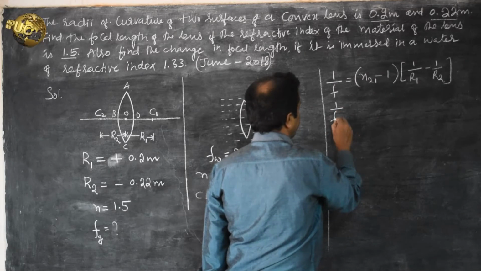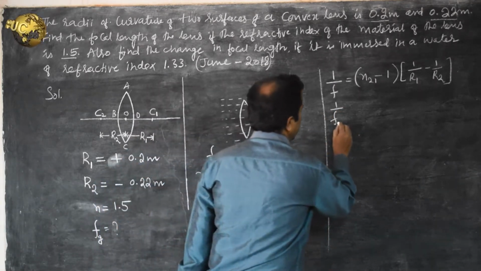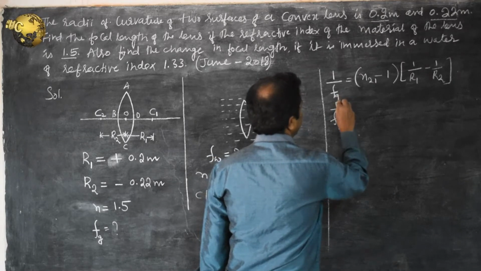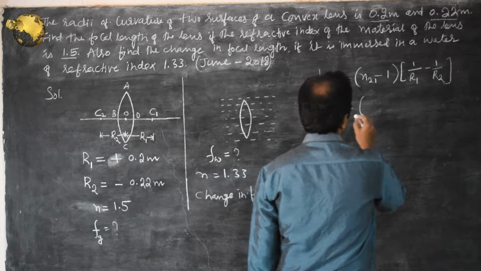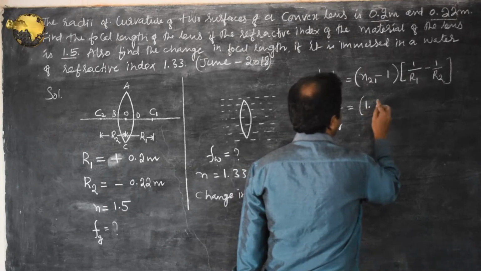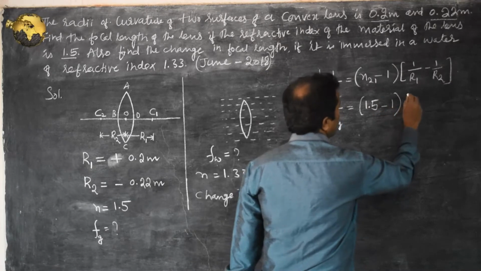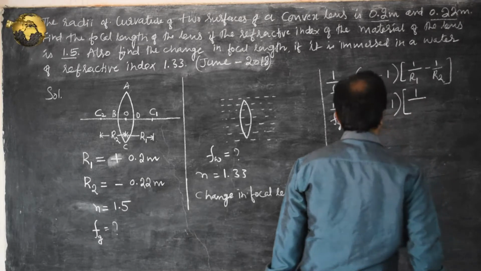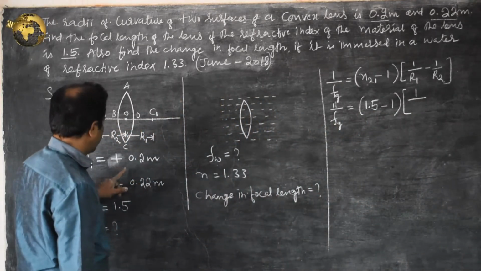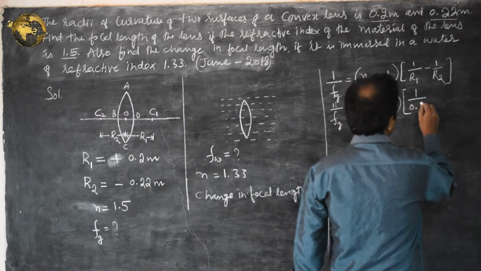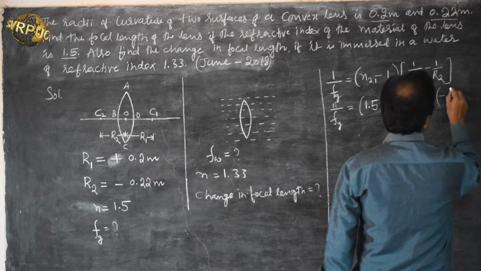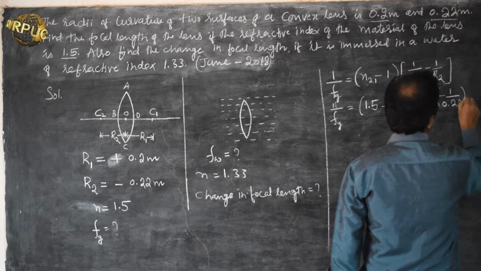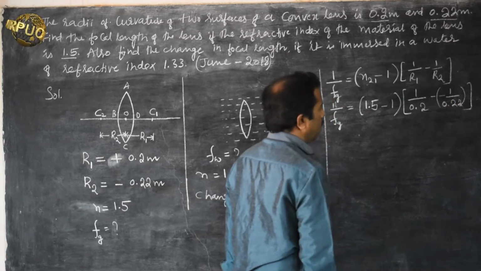Taking this for glass, 1 by Fg is equal to the refractive index of the glass, 1.5, minus 1, into 1 by R1, where R1 is equal to 0.2 meter, minus 1 divided by minus 0.22. So this is the value of R2.